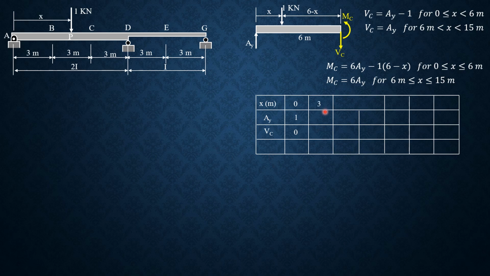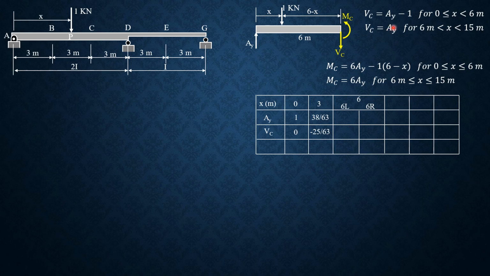So when x is 3, Ay was 38 over 63. So V sub C is 38 over 63 minus 1. It's negative 25 over 63. Then when x is 6, just to the left and just to the right.